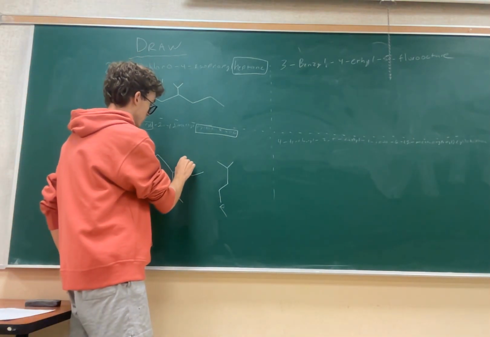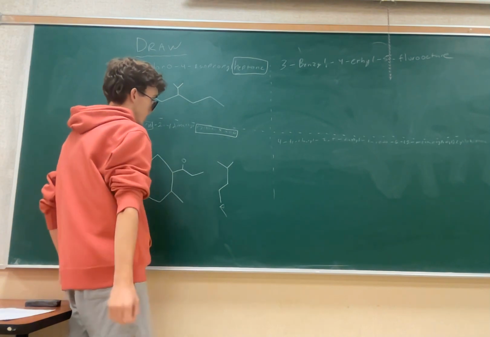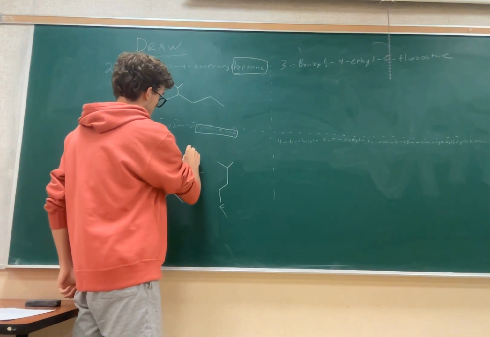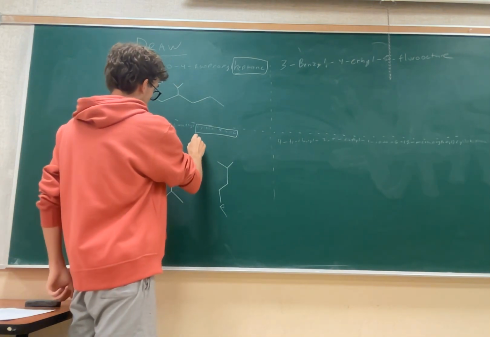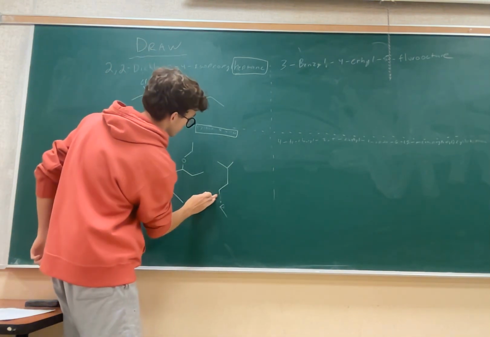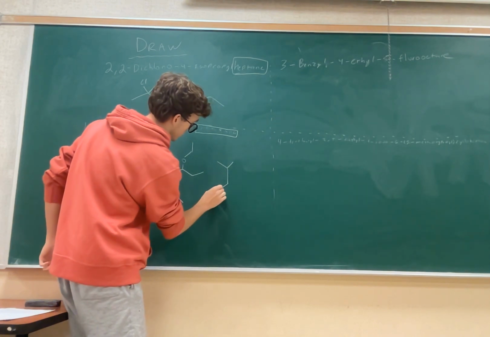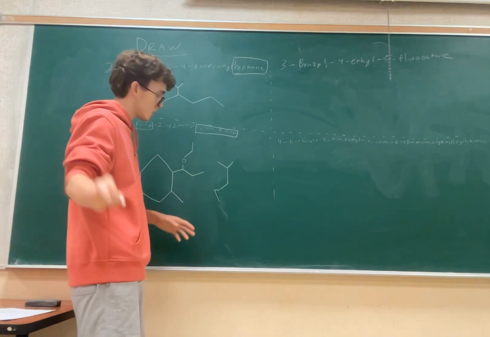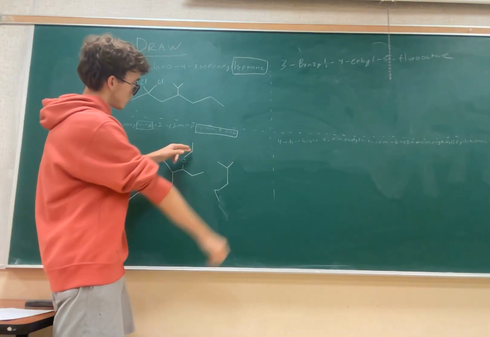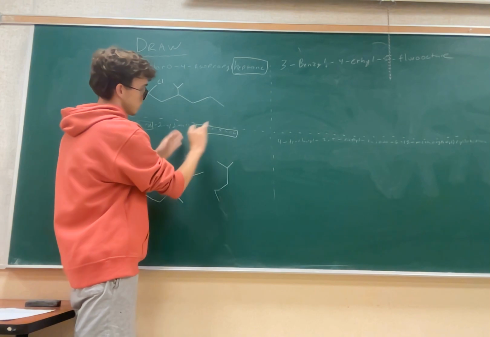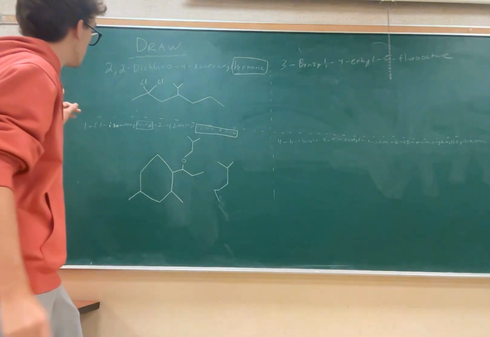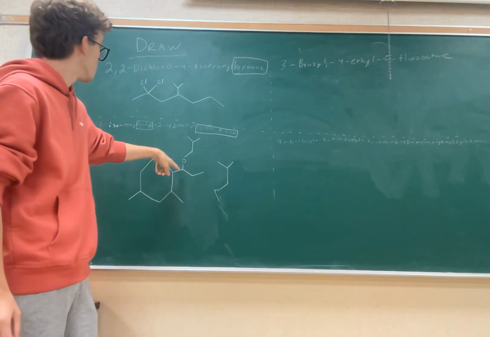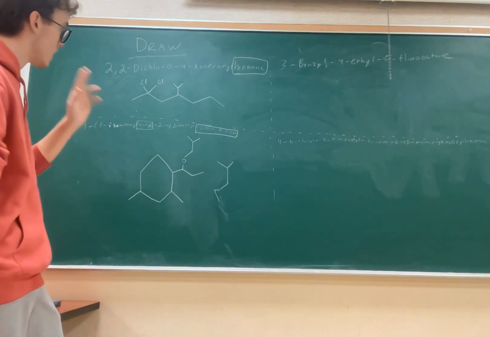That oxygen is going to branch out to a carbon, and then that is going to branch 2 ways. That is isobutoxypropyl. So hopefully that makes sense to you.